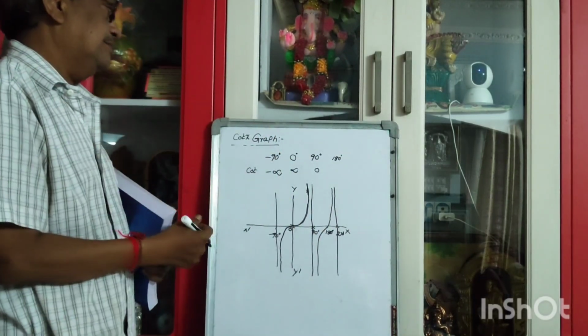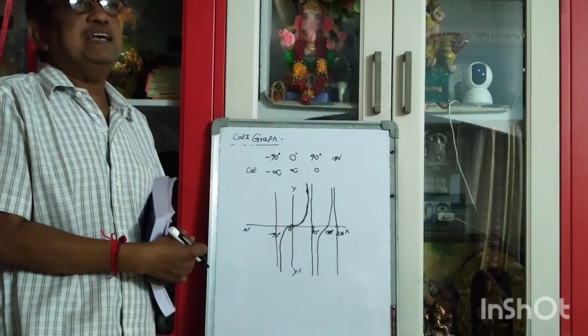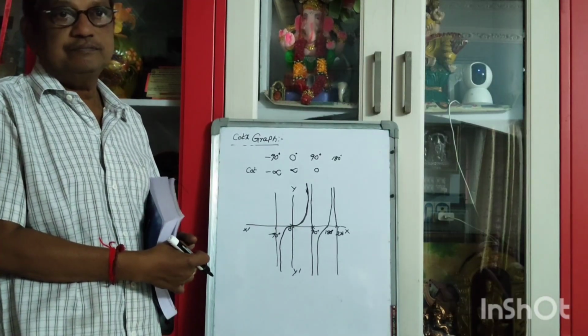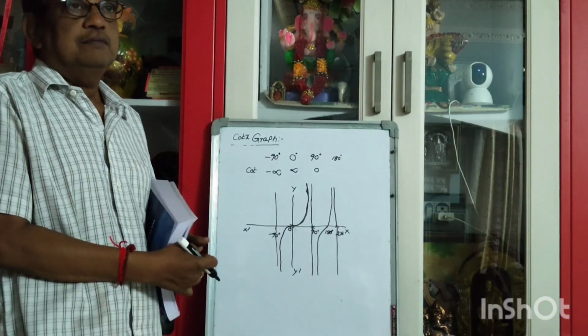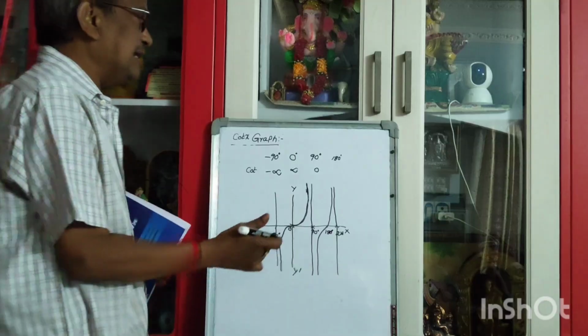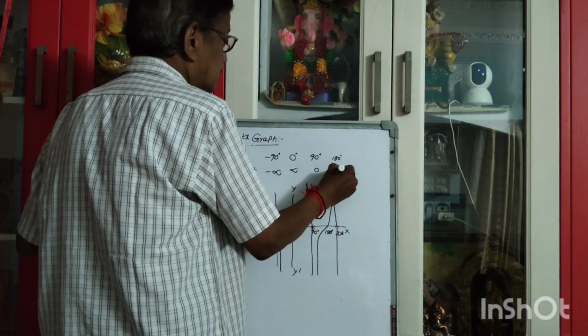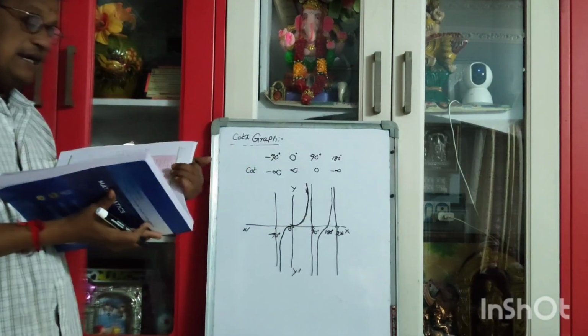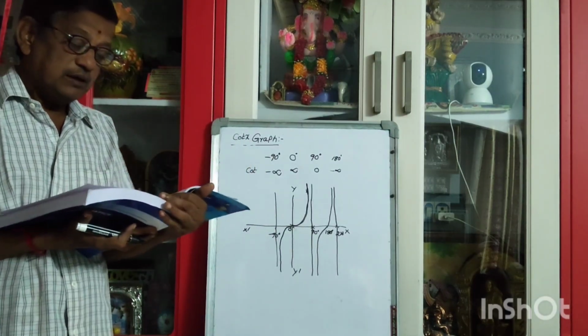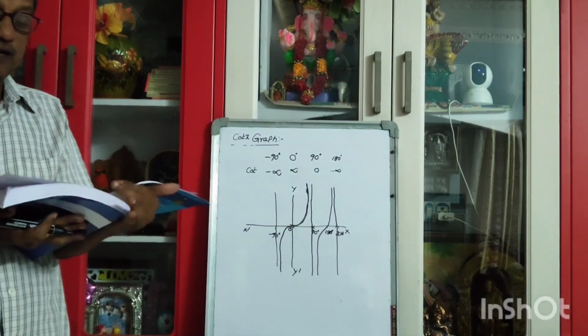Cot 180, 90 plus 90, minus tan 90, minus infinity. Cot 180 degrees is equal to minus infinity.